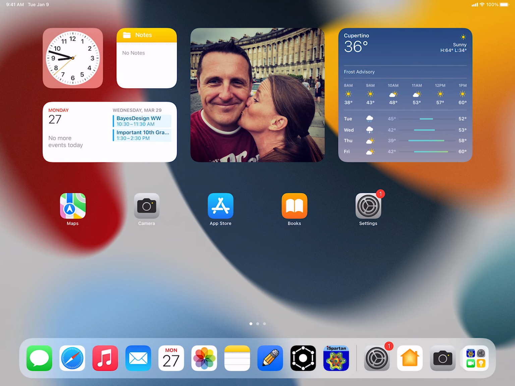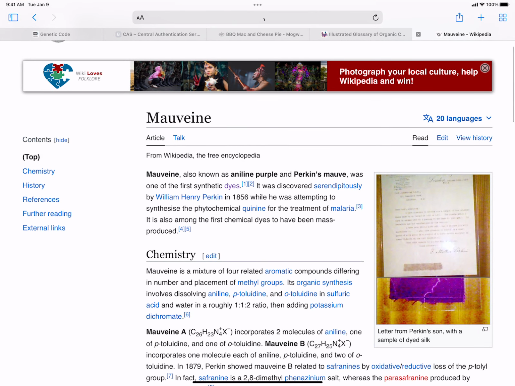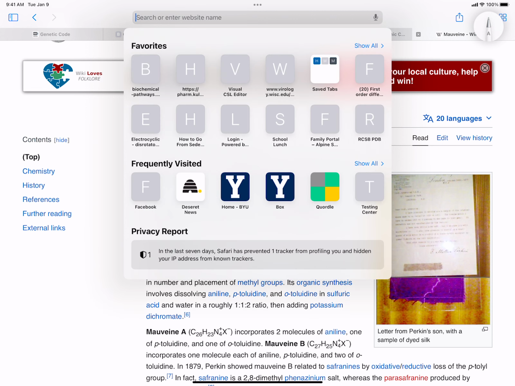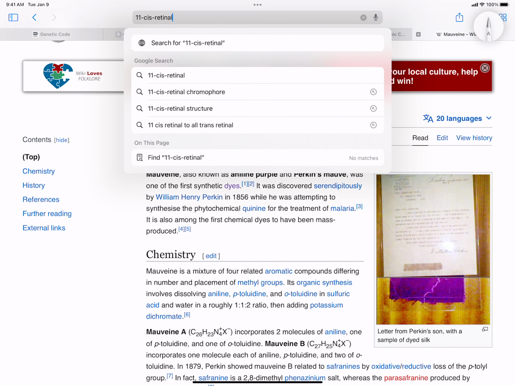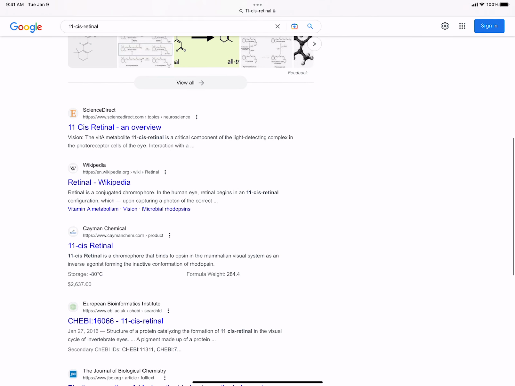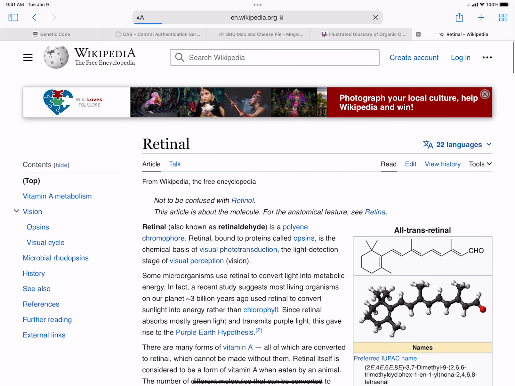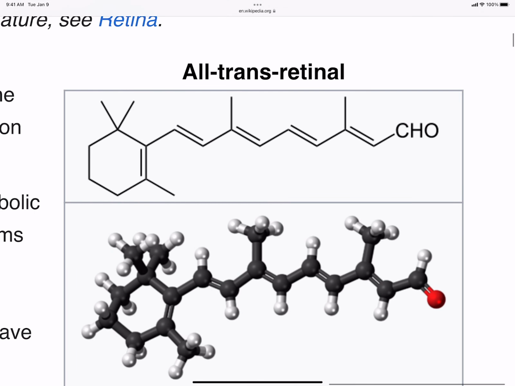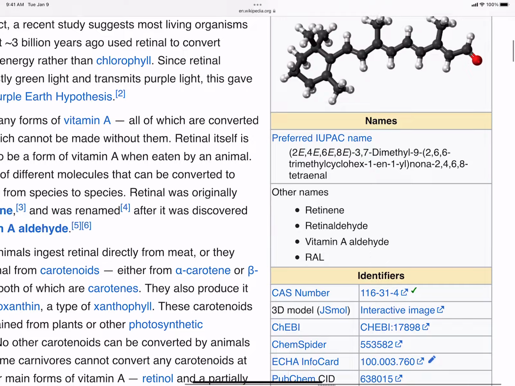So I'm going to show you 11-cis-retinal, which is a molecule that's involved in vision in your eyes. Okay, so this is all-trans retinal.